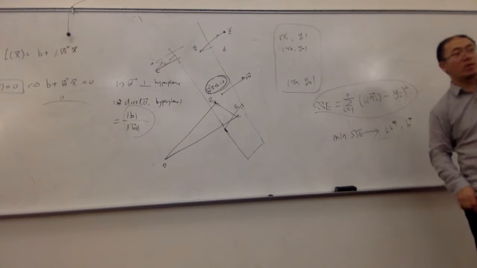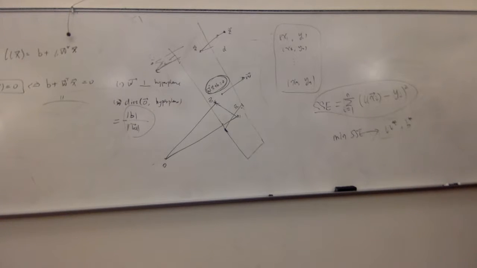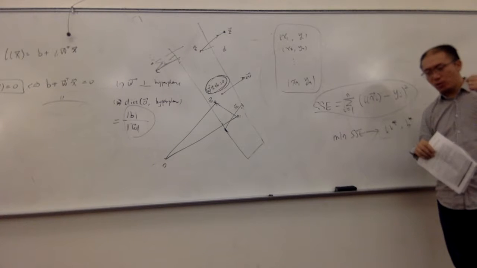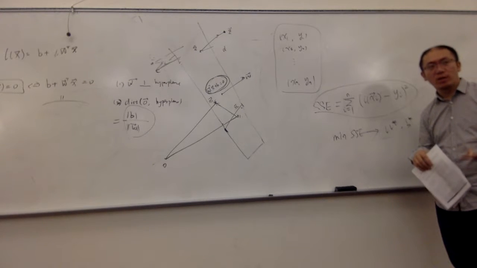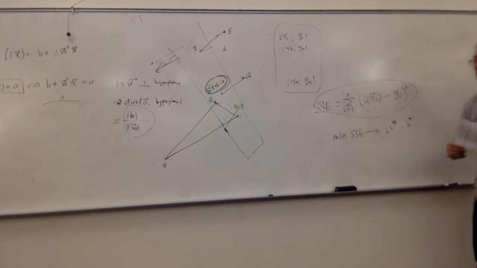So actually, it is problematic. You can imagine, we're not trying to enforce our classification function value to be exactly 1 or minus 1. We're just trying to ensure that for all positive examples, the classification function value is positive, and for all the negative examples, it is negative.